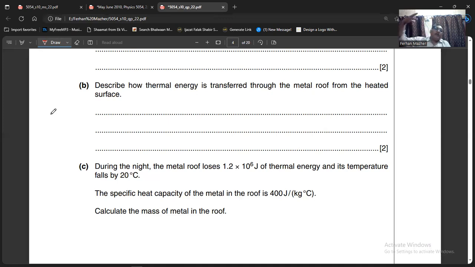At the hot end, the free electrons absorb energy and they flow to the end which is cold, and there those free electrons collide with the molecules and make them vibrate vigorously. In this way the heat is transferred by the flow of the free electrons from the hot end to the cold end. This is called free electron diffusion.